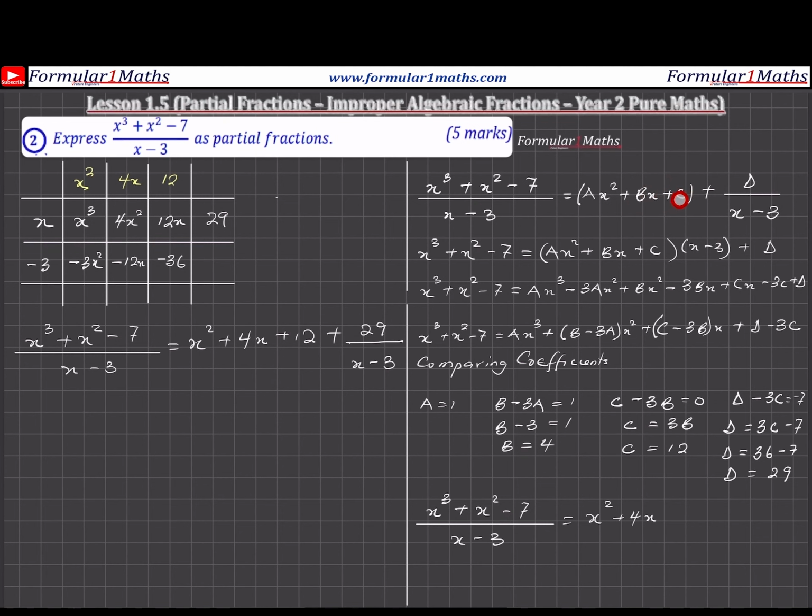And then c is 12, so I have plus 12. Then plus the d, which is 29, all over the divisor, which is x minus 3. And then we can see that we got the same answer as using the grid method for the polynomial division.